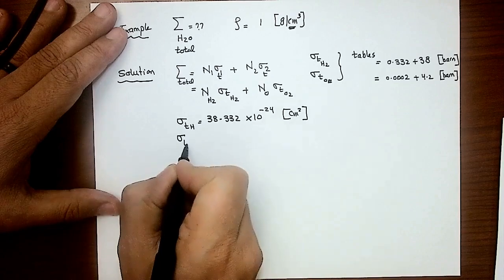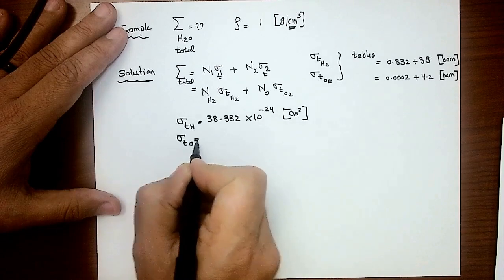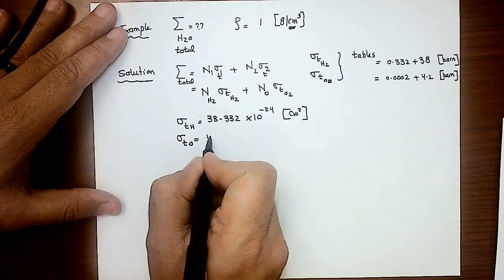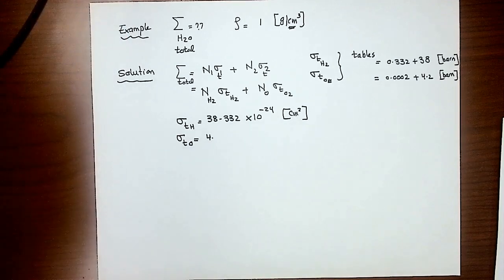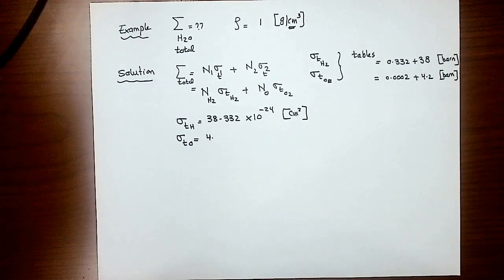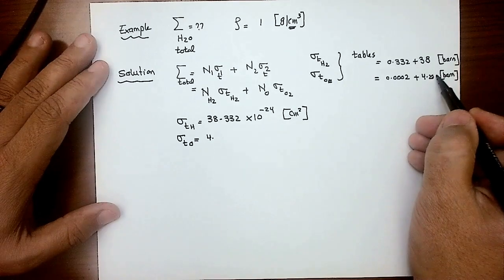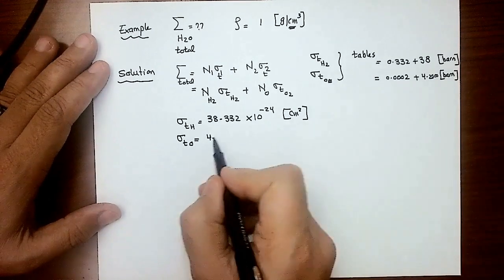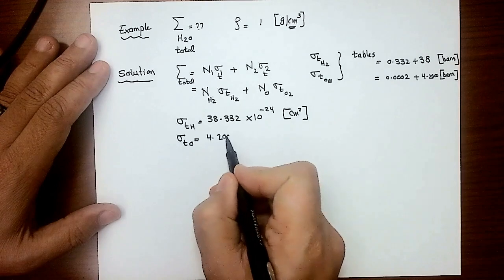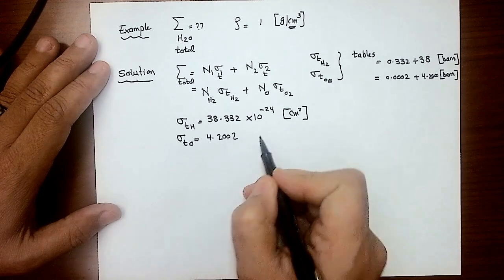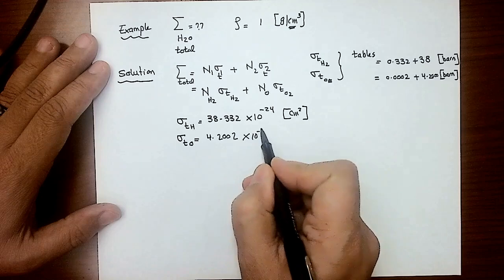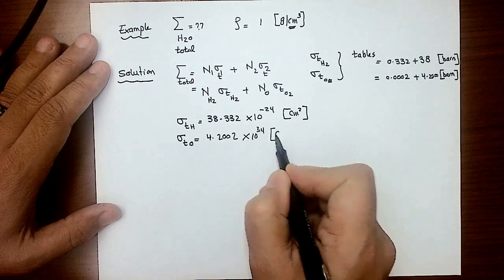Then sigma total of oxygen is going to equal 4. Let me double check how many zeros are here. It's super tiny. I think 3 zeros, so that's 0, 0, 0. So it's going to be like 4.2002 times 10 to the minus 24 centimeter square.